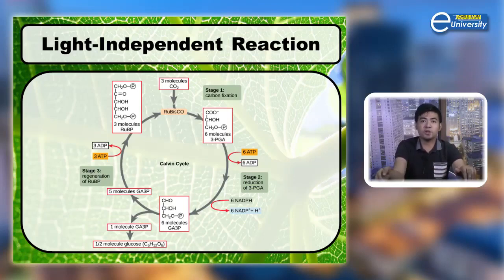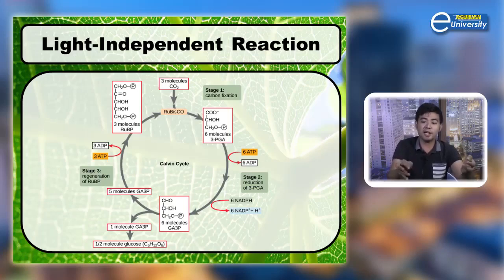The second stage is called the reduction. It is called reduction because every molecule of glyceraldehyde phosphate will be reduced, using NADPH, or nicotinamide adenine dinucleotide phosphate. These molecules of NADPH carry a lot of high energy electrons, which produce one molecule of 3-PGA or the 3-PGAL.